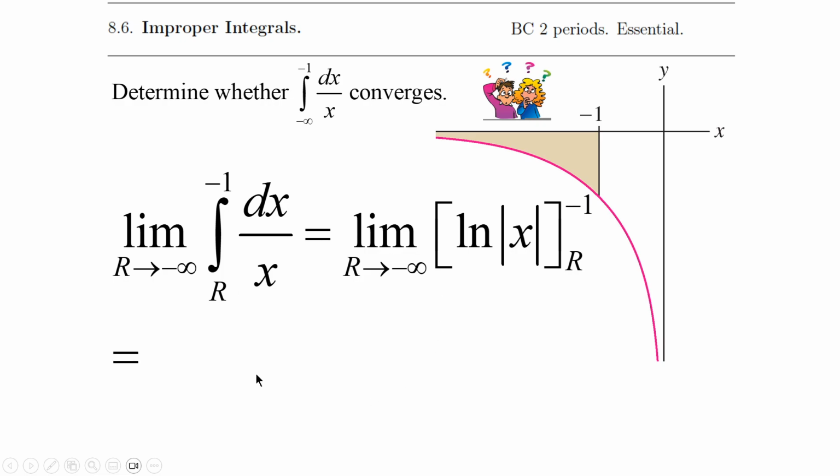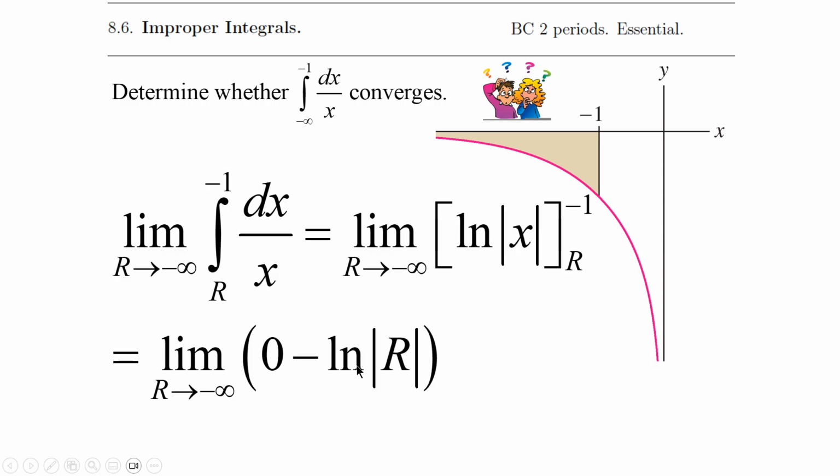All right, equals, well, let's go to the limit as r approaches negative infinity of, fundamental theorem of calculus right here, the natural log of the absolute value of -1, which would be the natural log of 1, and the natural log of 1 is 0. And then I've got the natural log of the absolute value of my r.